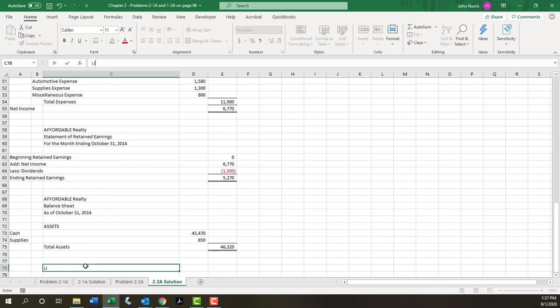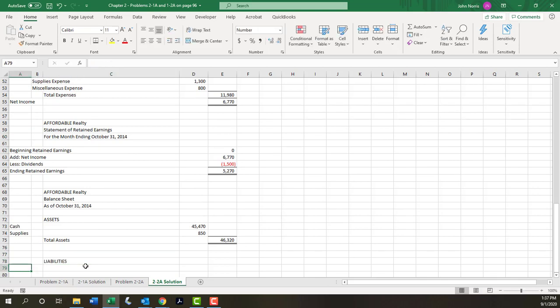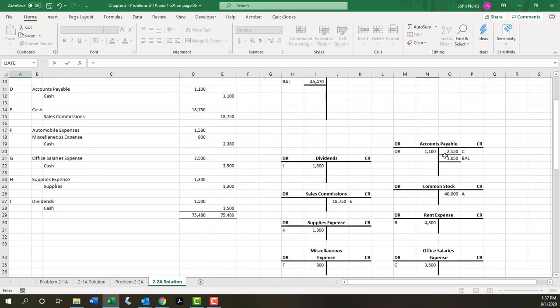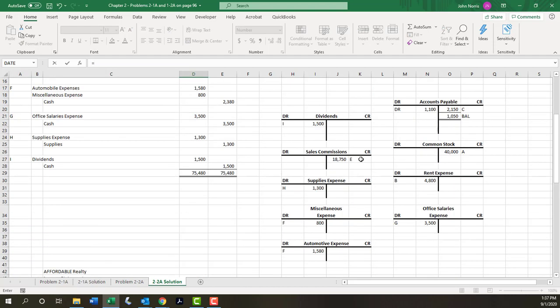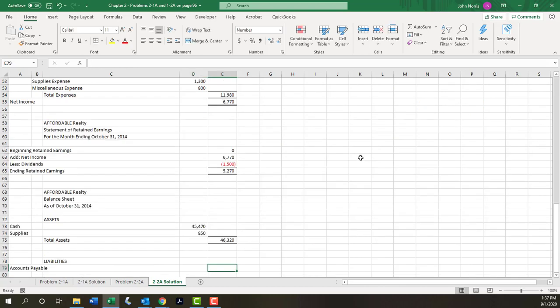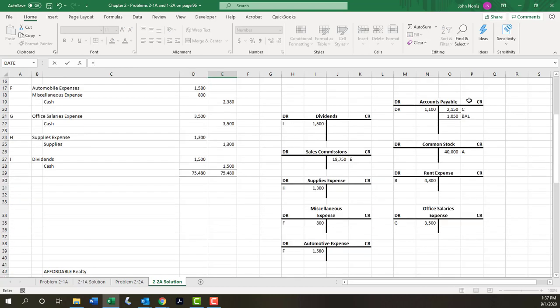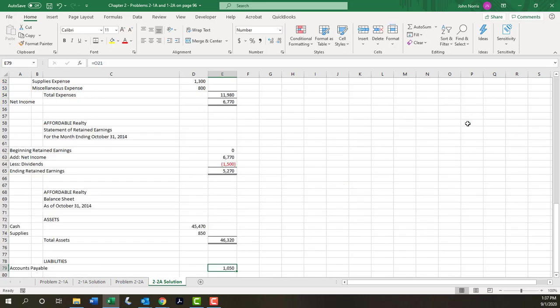liabilities, we only had one. We have an accounts payable with a balance of $1,050.